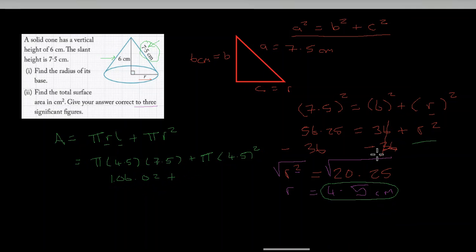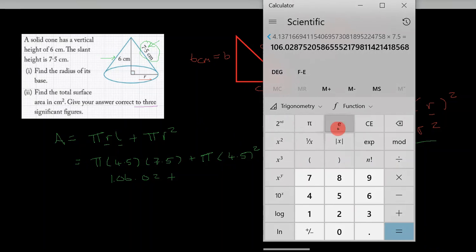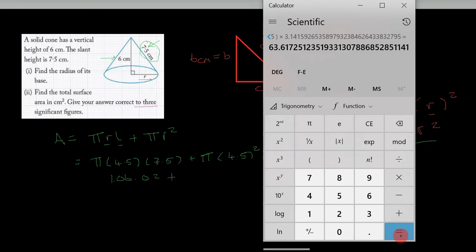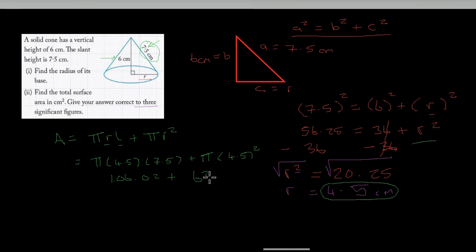Plus 4.5 squared, which is 20.25, multiplied by pi, which is equal to 63.61.